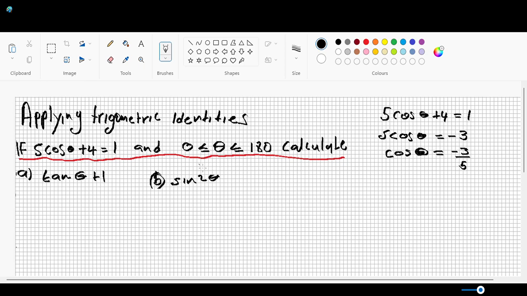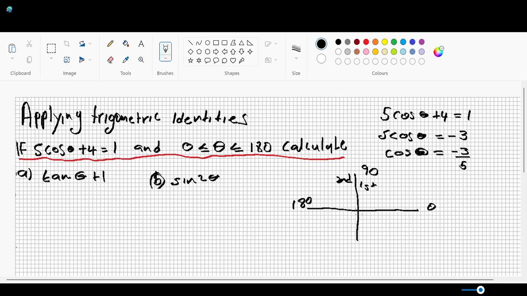So we are given a range from 0 to 180. They say our theta should be within 0 to 180. So if we draw our Cartesian plane, let me just draw it here. We have 0, and then 90, and then 180. This is our first quadrant, and that is our second quadrant.